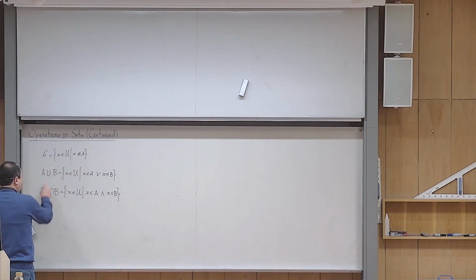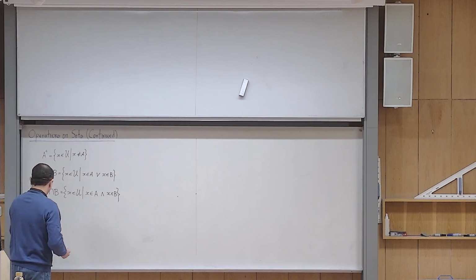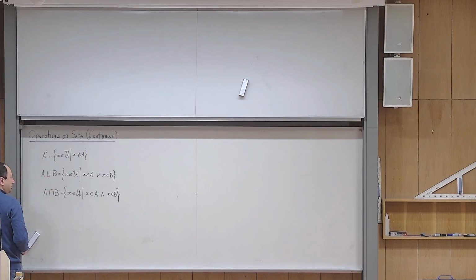So we learned that both of these operations are commutative, both of them are associative, and we also learned something interesting, that each one of them is distributive over the other one. We didn't prove them, but intuitively we checked one of them with the Venn diagram.